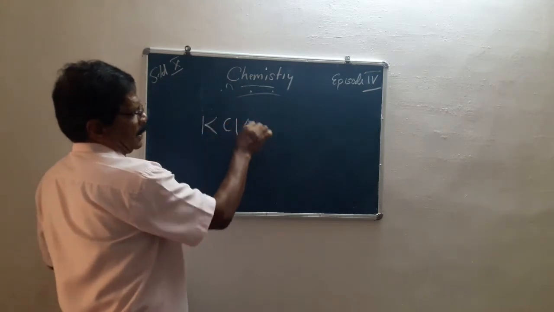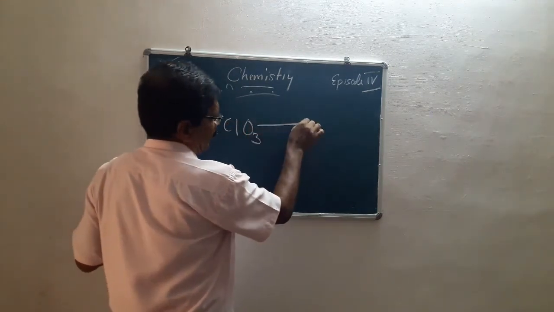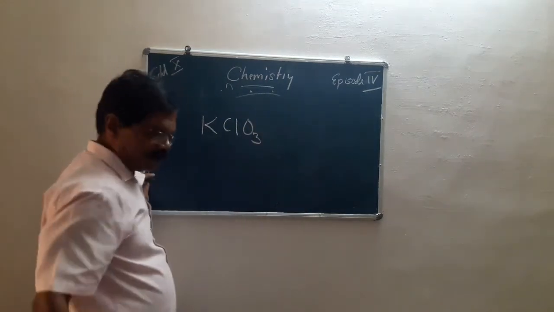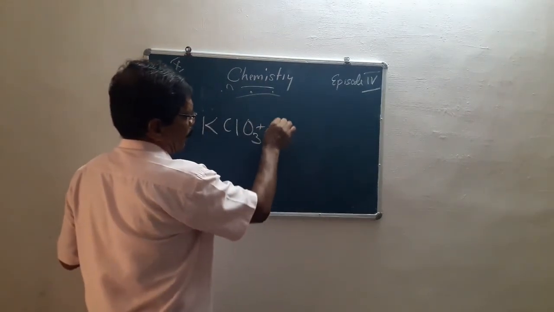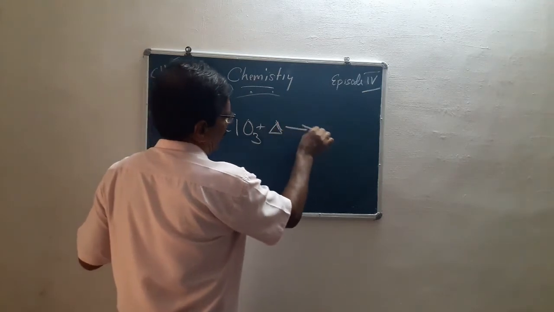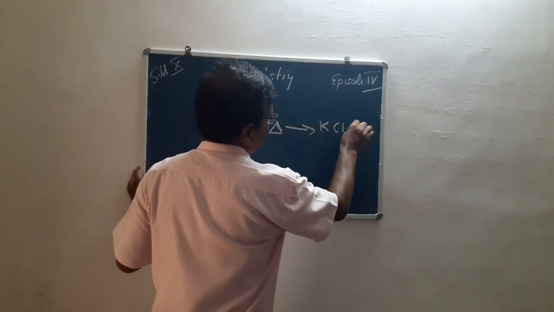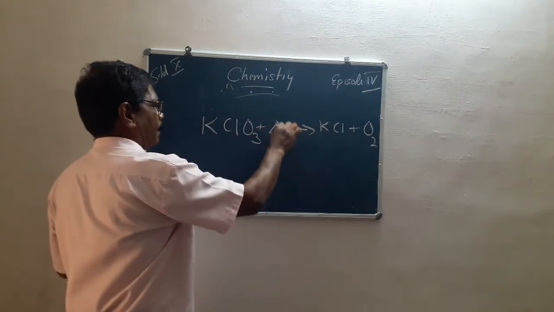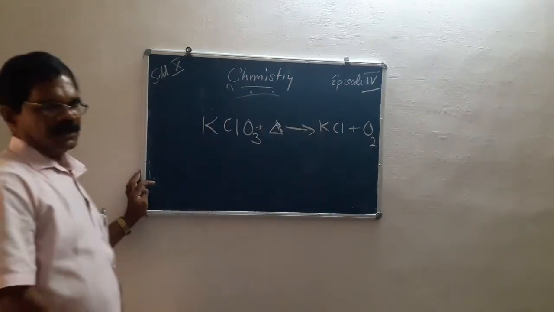KClO3, potassium chlorate, on heating decomposes to give potassium chloride plus oxygen. Look here.